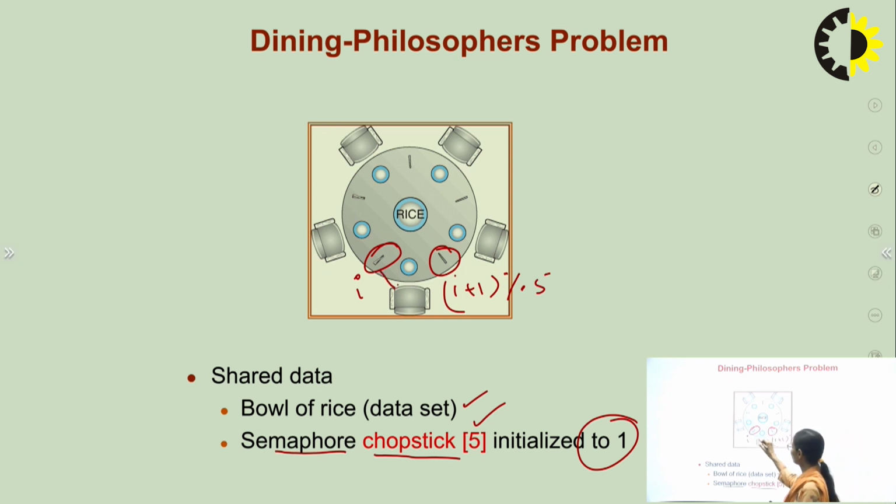Now first it will check for this. If it is down, then it will pick it up. After pickup, it will update its value to 0 so that another philosopher won't be able to use this. It will go into waiting mode. Similarly, after picking this, it will check for this chopstick. If it is free, then it will pick this chopstick and go for the eating part.